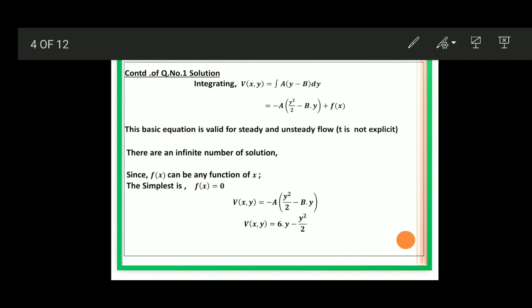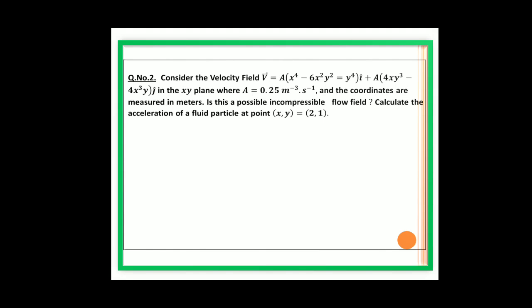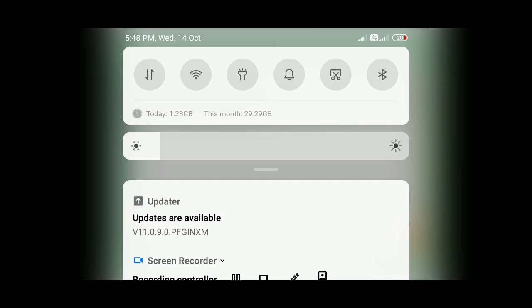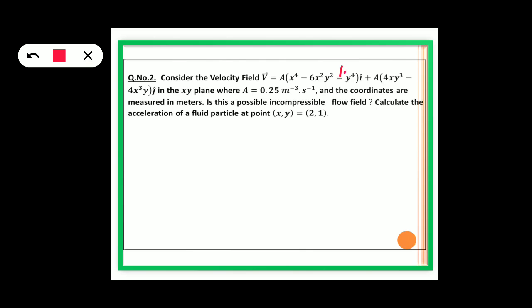Now moving up to question number 2. Consider the velocity field V vector equal to a into x to the power 4 minus 6x square y square plus y to the power 4, I cap, plus a into 4xy cube minus 4x cube y, j cap, in the xy plane, where a equal to 0.25 per meter cube second inverse, and the coordinates are measured in meters.